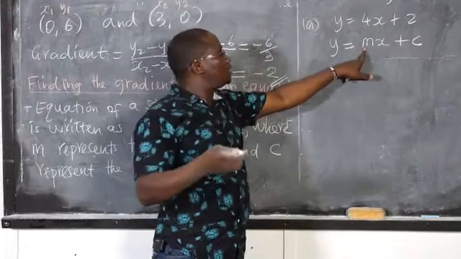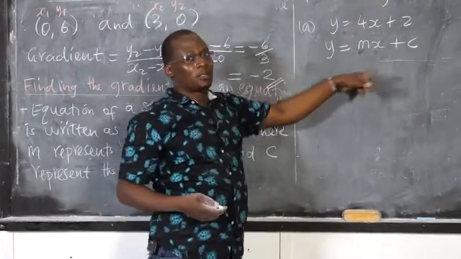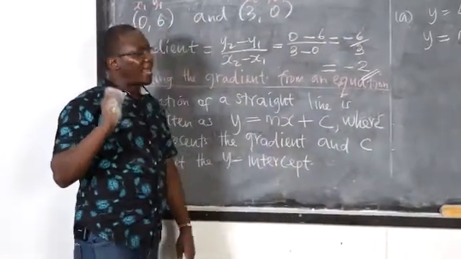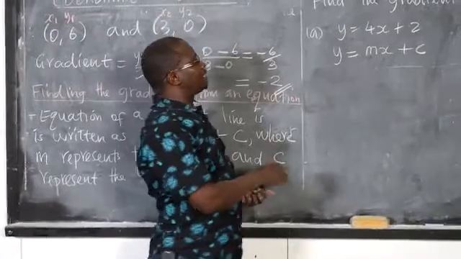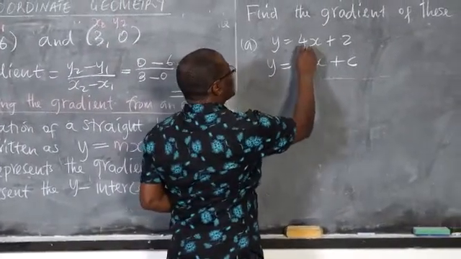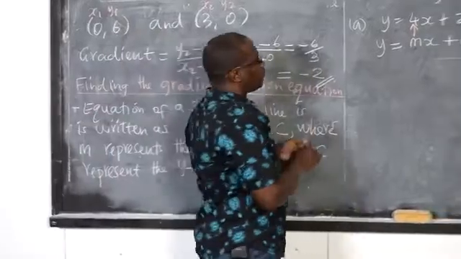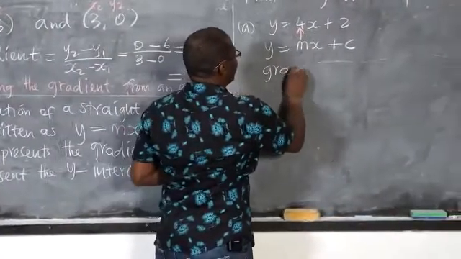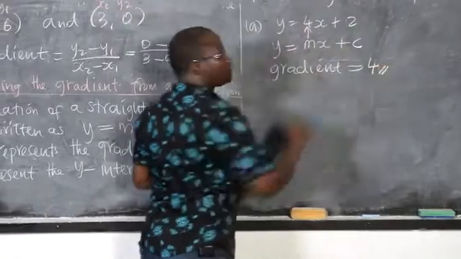Or you can simply look for the number in front of x. We call it the coefficient of x. When you compare these two equations, you will see that 4 represents m. Therefore, your gradient equals 4. As simple as that.